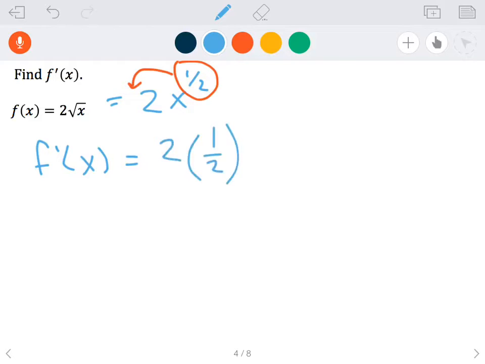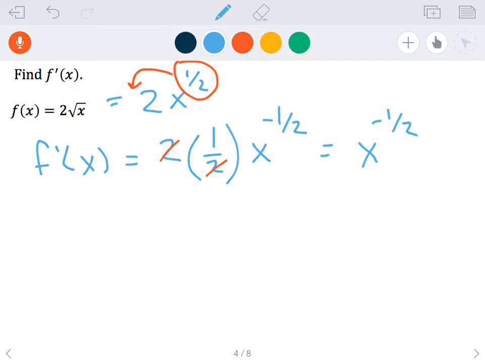Sorry, I should have written the 1/2 first, but it's fine, same thing. And then if I subtract 1 from the exponent, I've got 1/2 minus 1 will give me negative 1/2. This 2 is going to cancel this 2, and so this is just equal to x to the negative 1/2.